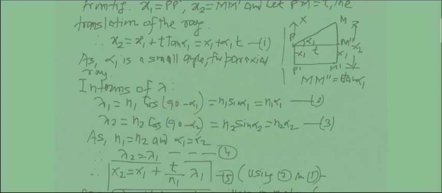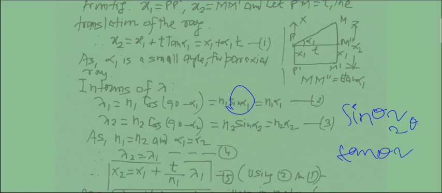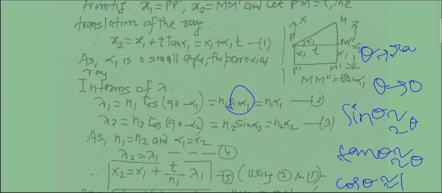Because the approximations sin theta approximately equal to theta, tan theta approximately equal to theta when theta is very small, that is theta tends to 0, and cos theta approximately equal to 1, apply only when theta is taken in radian.